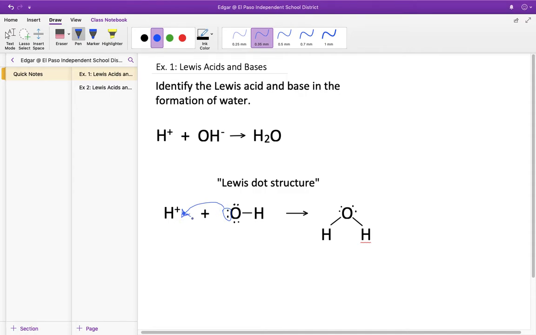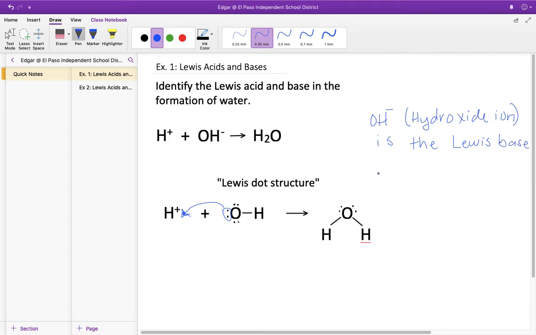So for Lewis acids and bases, a Lewis base is the one that donates the electron pair. So we can write OH minus, which is the hydroxide ion, is the Lewis base.